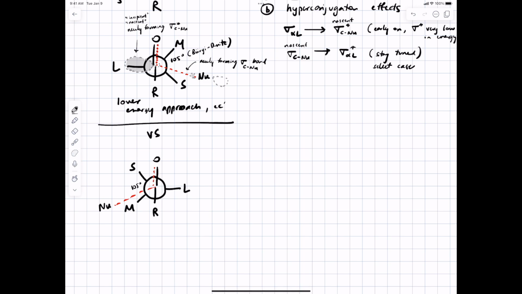You're eclipsed with the small group versus the medium group, okay?